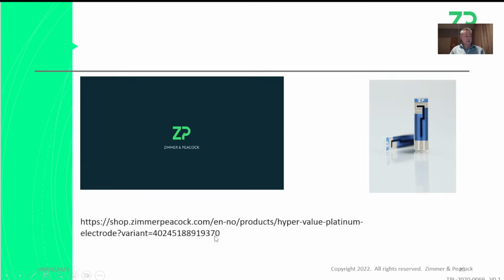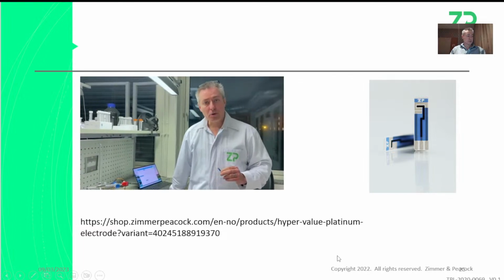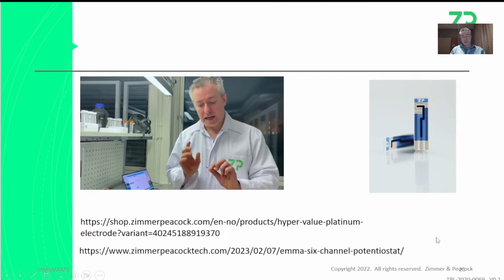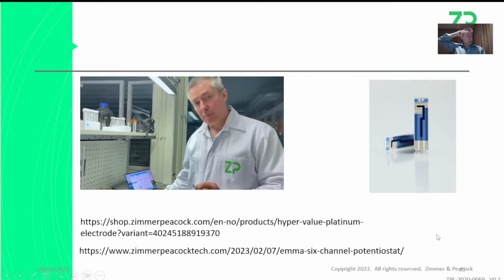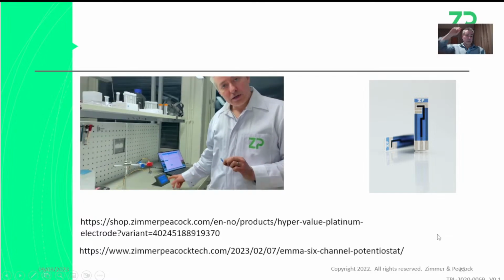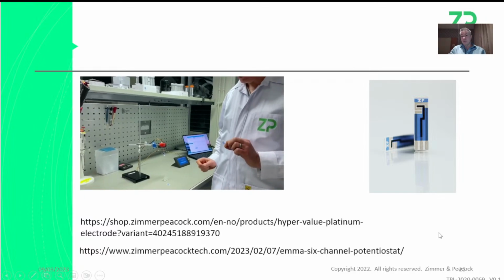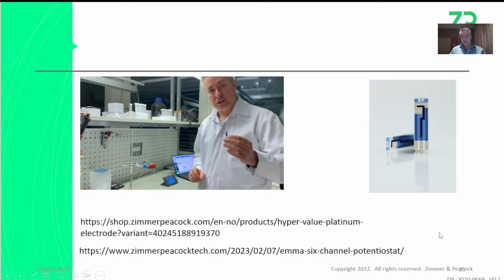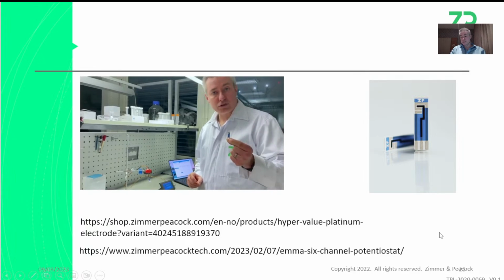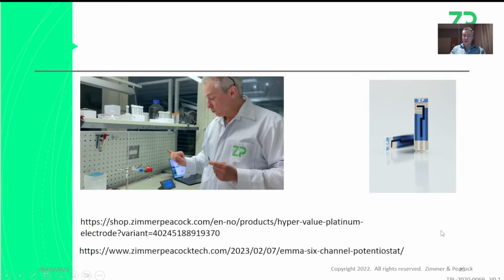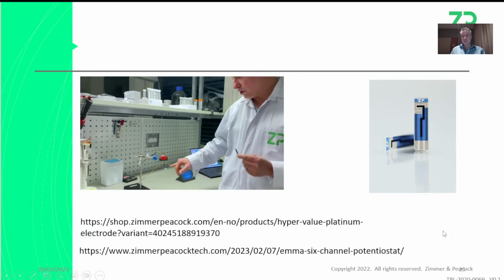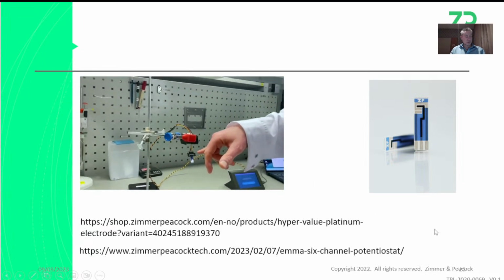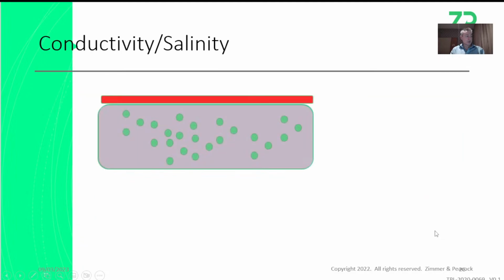So I'm going to make a suggestion on a platinum electrode, and also on a 6-channel potentiostat, especially in biology, because I think biologists are some of the best people for doing higher numbers of experiments so that they can get statistically useful data, whereas chemists, and I am one, have historically tended to do 1 or 2 experiments, but biologists are much better at doing higher numbers of experiments.